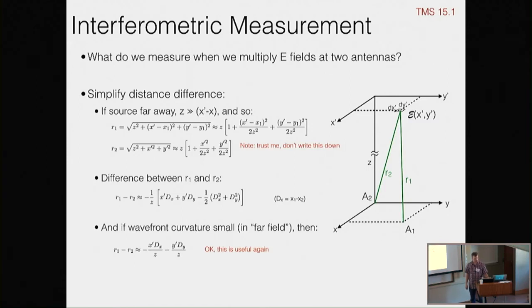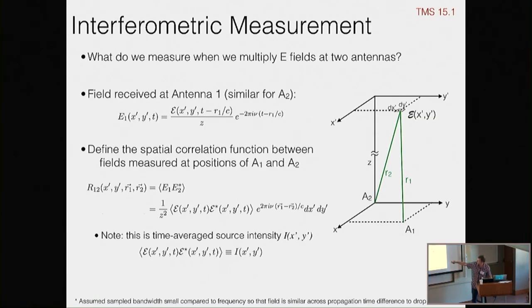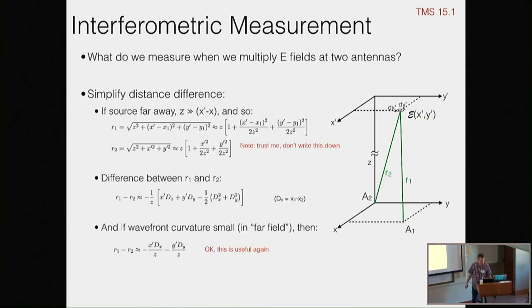Let's do some more simplification. We have down here this factor. Let's try and clean it up. You don't need to write this down, but you can calculate what R1 is. It's just the length of this vector, so the distance plus the difference in between, x and the sky coordinate and y and the sky coordinate.